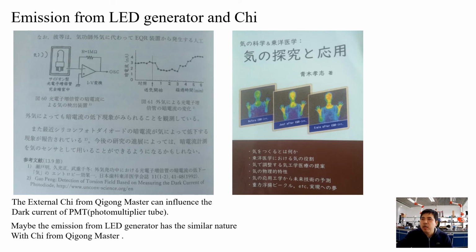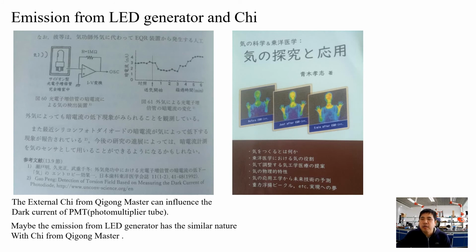The author of this book, Takashi Aoki, sent me an email about my paper on the photodiode. He said he ever did a similar experiment. In his experiment, the external Qi from a Qigong master can influence the dark current of the PMT. And in my experiment, the LED generator can influence the dark current of the photodiode.